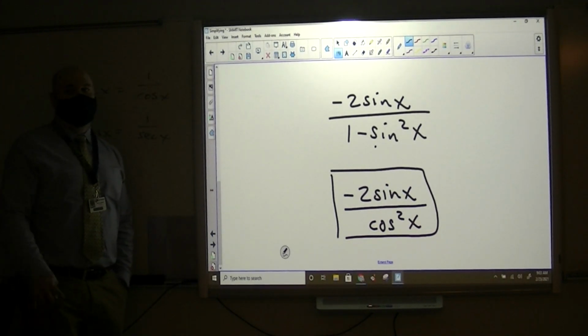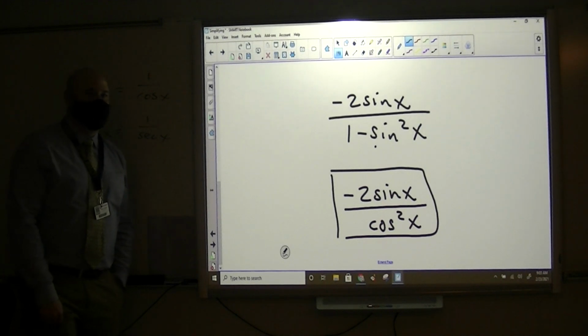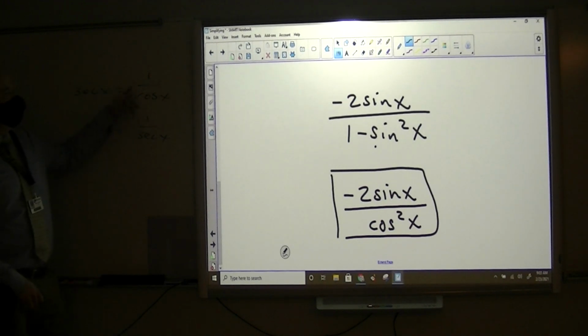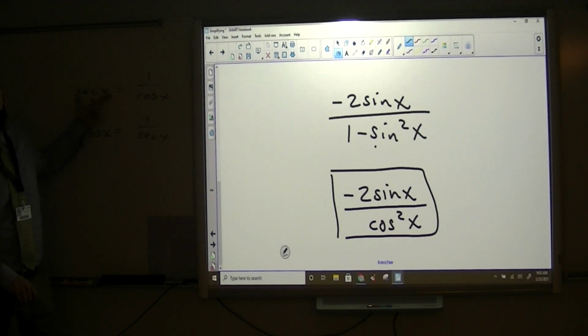But if you wanted to get super crazy with it, if cosine ever shows up in a fraction where it's in the denominator, I can replace that with a secant that's not in the denominator. So I can take cosine out of the denominator of a fraction and replace it with a secant that's not.